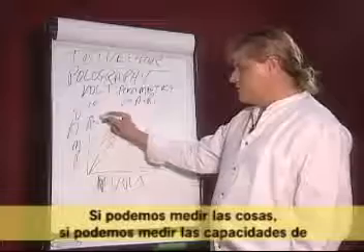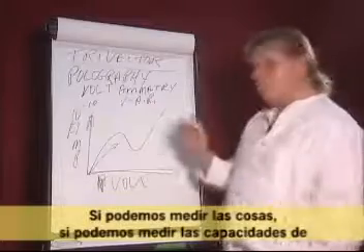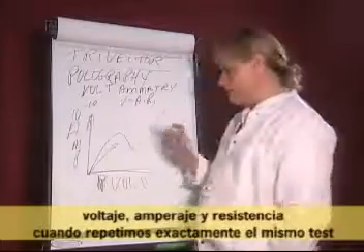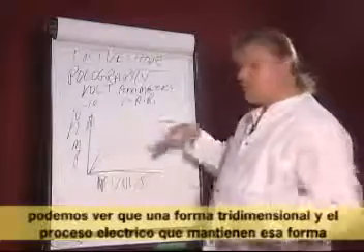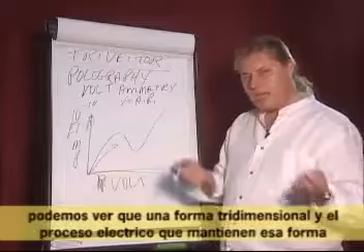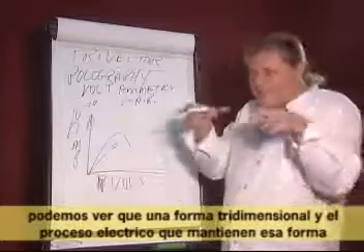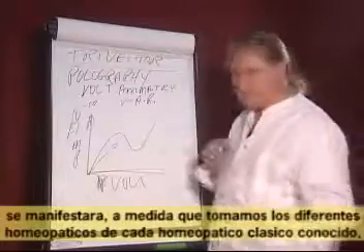If we measure the items, if we measure their voltage, amperage, and resistance capacities when we do exactly the same test, we can see that a three-dimensional shape, an electrical process that helps to hold that shape, will manifest.